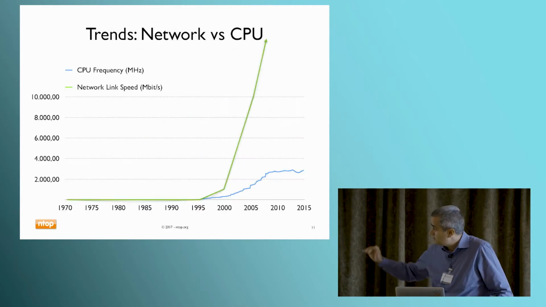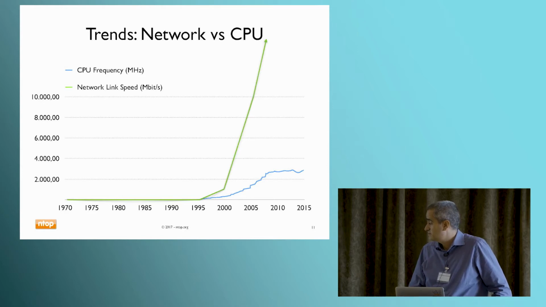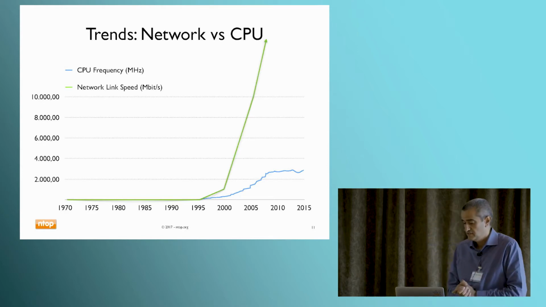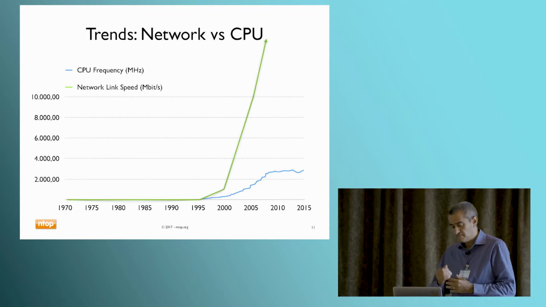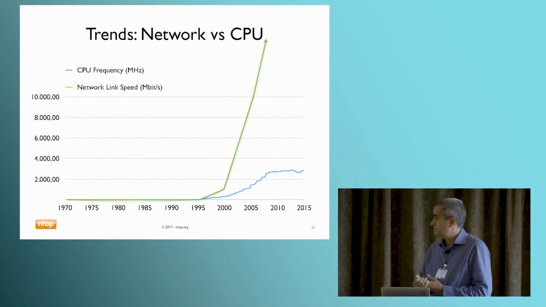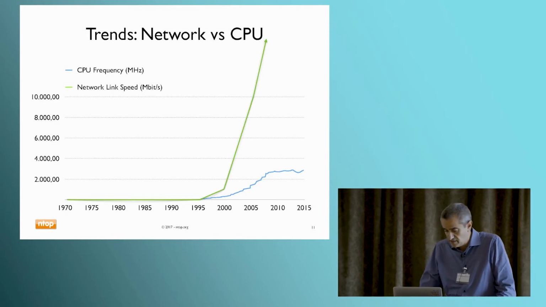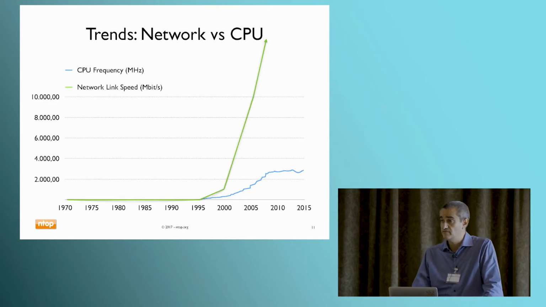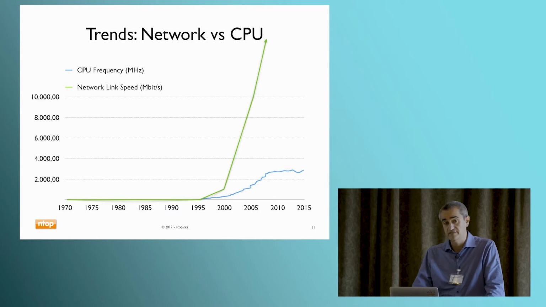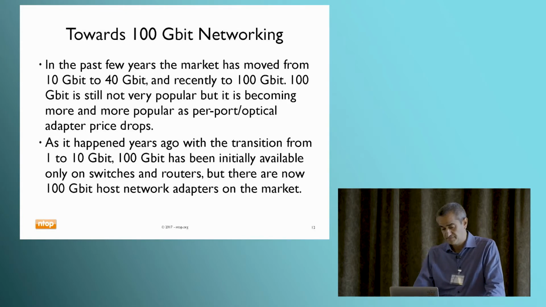If we look at the CPU frequency compared to the network speed, we see that they are diverging. So we have to leverage on this. We have to exploit multi-core architecture. And of course, we have to be able to handle 100 gigabit in a proper way, because if we waste all the CPU cycles simply to capture packets, we won't have time for doing anything else.